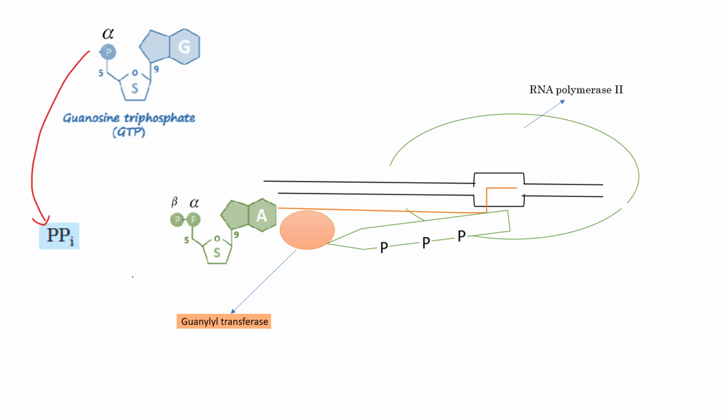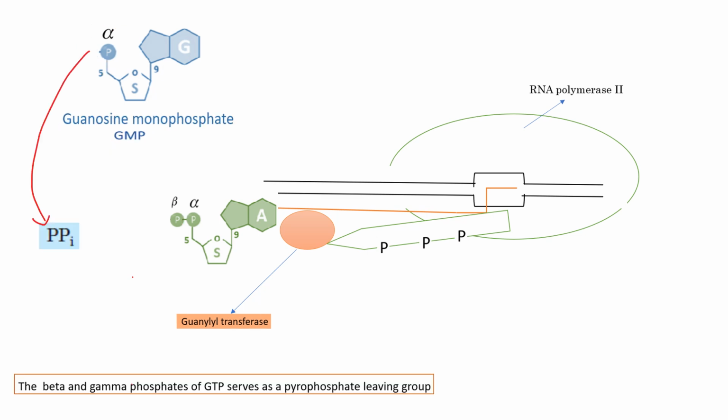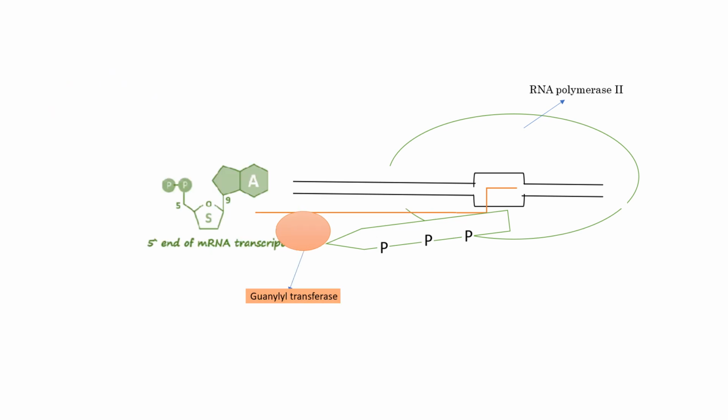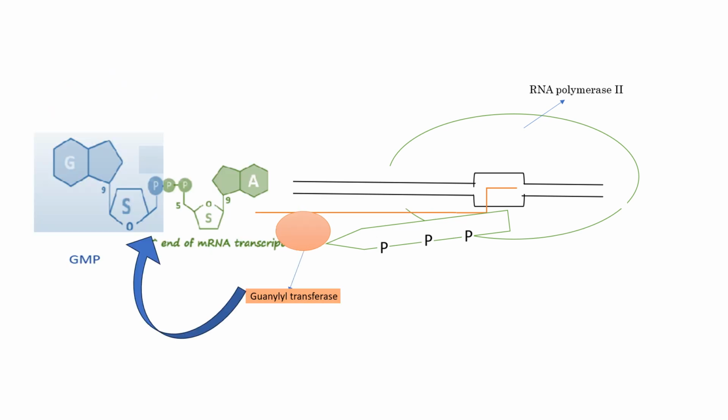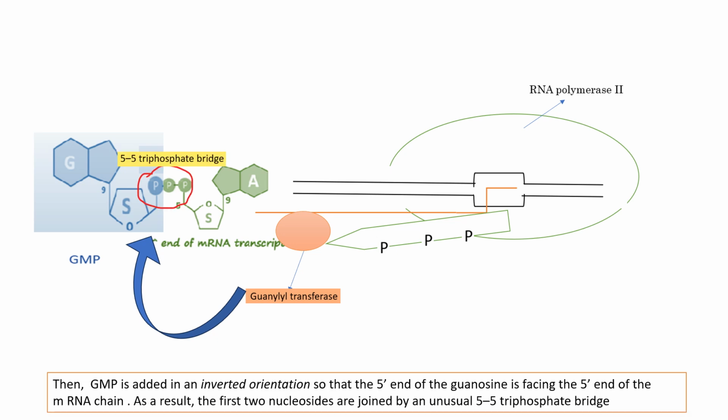The beta and gamma phosphates of GTP serve as a pyrophosphate leaving group. The guanylyl transferase adds the GMP in an inverted orientation so that the 5' end of the guanosine is facing the 5' end of the mRNA chain. As a result, the first two nucleosides are joined by an unusual 5' triphosphate bridge.